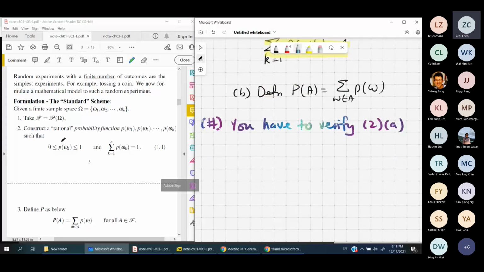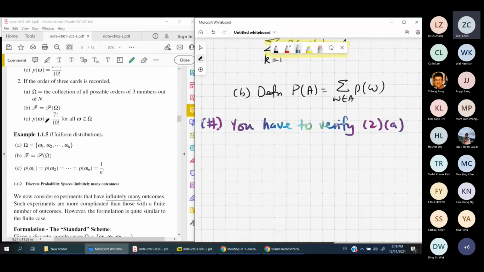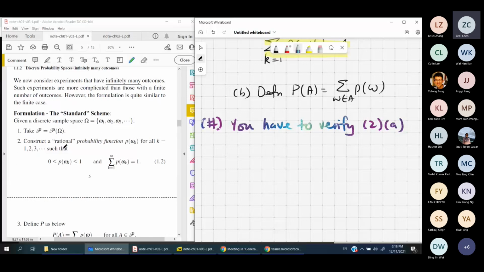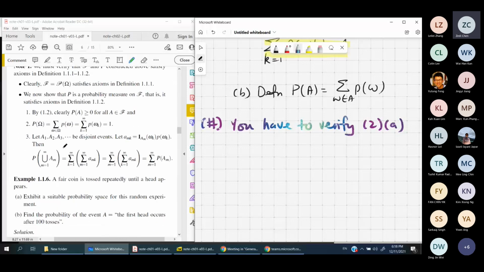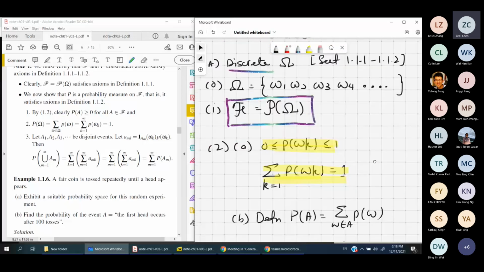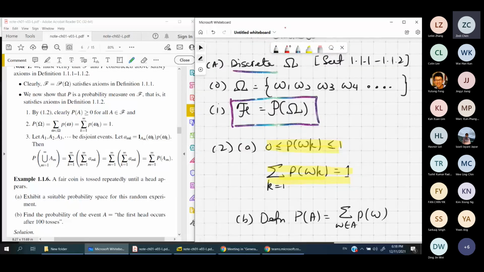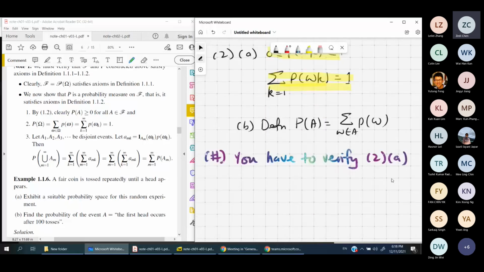I have combined these two cases, this one together with this one, so I put it together. All right, this is for the discrete case, which is very straightforward. We can always pick our sigma field to be the power set. So easy.